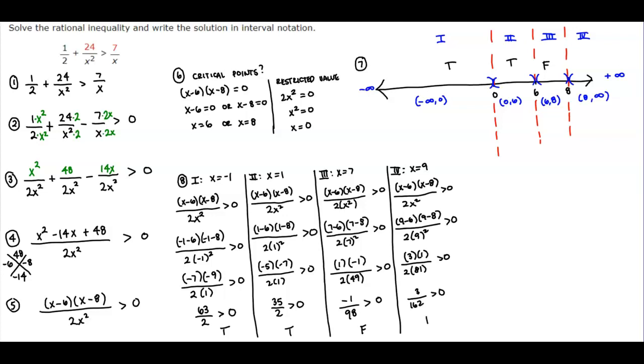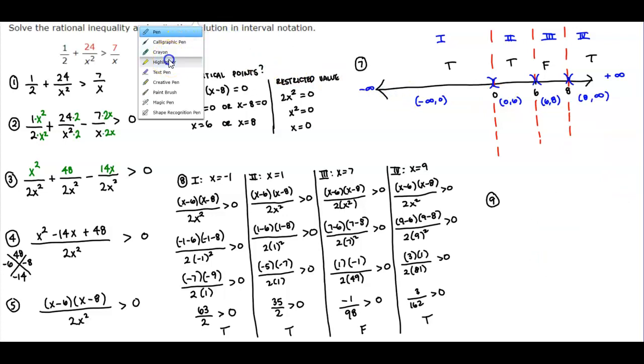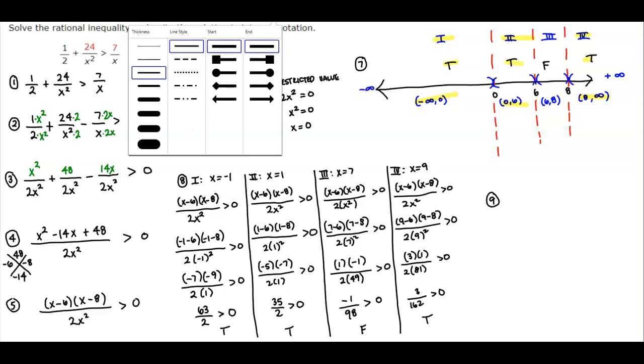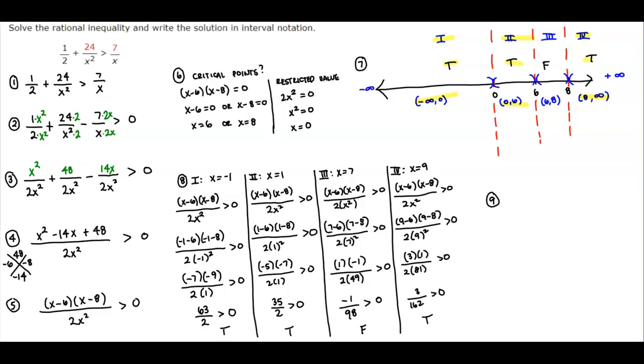That number is greater than 0, so it's true in region number 4. So it's true in region 1, it's also true in region number 2, and it's true for region number 4. Therefore, our answer is the following: negative infinity to 0, union 0 to 6, and then union 8 to positive infinity.